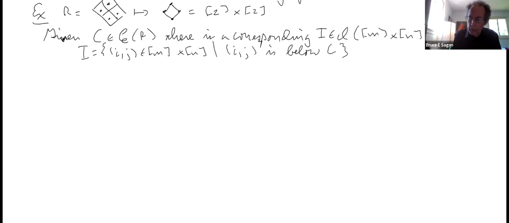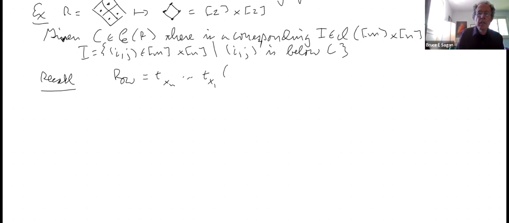So recall from Cameron-van der Vlas, row motion is T_xn through T_x1 applied to my ideal, where x1 through xn is a reverse linear extension.